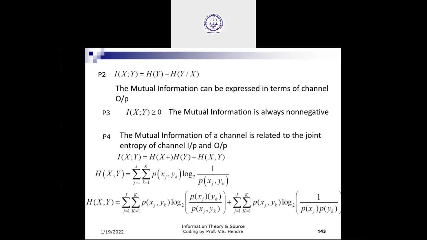We cannot say that a negative amount of information is exchanged. That's why these are all positive terms, greater than or equal to 0. And the final property, I of x semicolon y will be h of x plus h of y minus h of x comma y. So these are the properties of the mutual information.